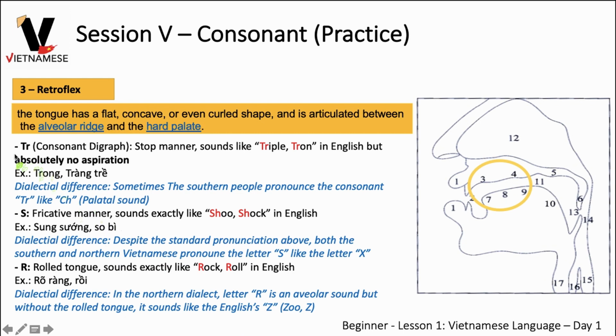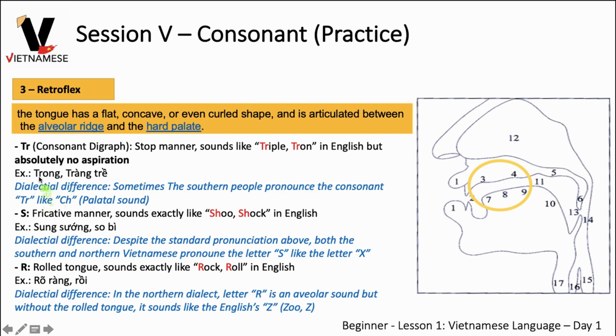The first one is the consonant digraph. This sounds like j. Stop manner, and it's like triple or John in English, but absolutely no aspiration.